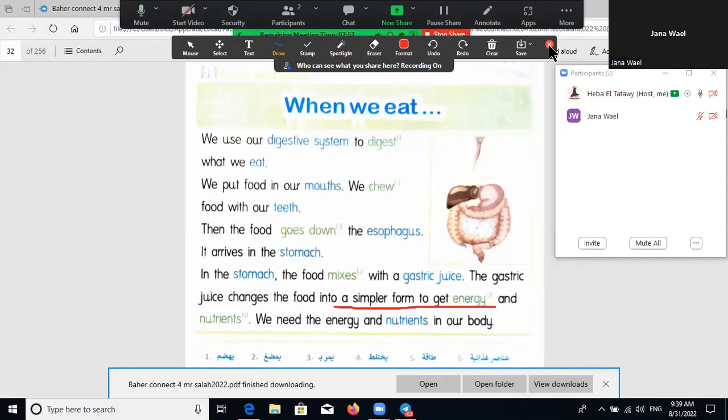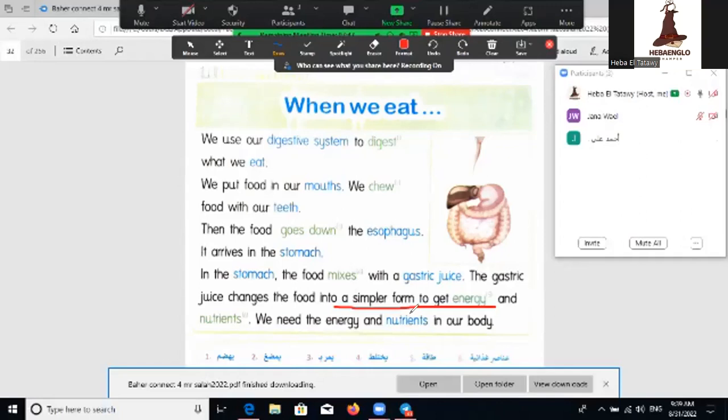Like we eat oranges to get vitamin C, okay? So the gastric juice changes the food into a simpler form, to enable the stomach to absorb it, to get energy and nutrients.